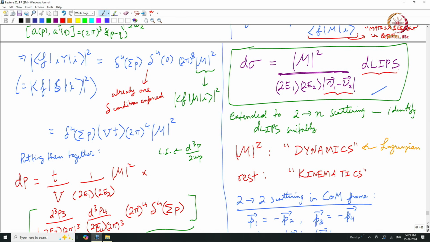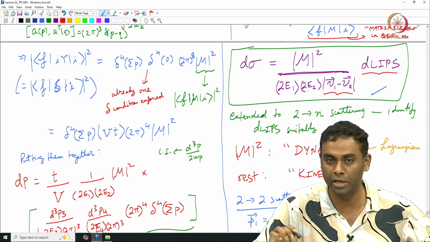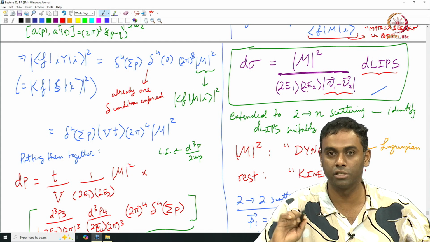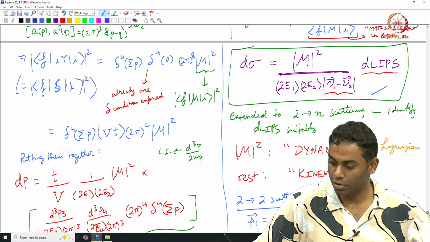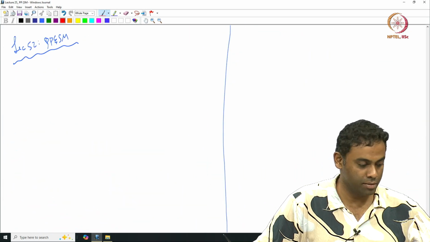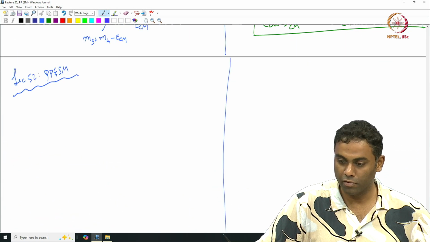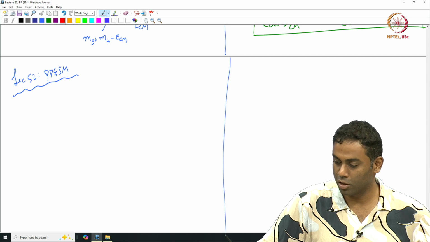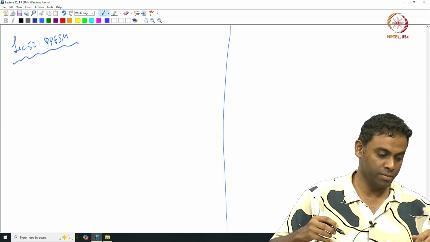The Lorentz invariant phase space is explicitly Lorentz invariant, but the energies are not Lorentz invariant, right. And similarly the M squared up there could contain terms that are not necessarily Lorentz invariant. You generally try to write it in a Lorentz invariant way, but this E1 and E2 down here should tell you the cross section is not Lorentz invariant, okay. So we will see this concept rhyme in the concept of decays also, okay.